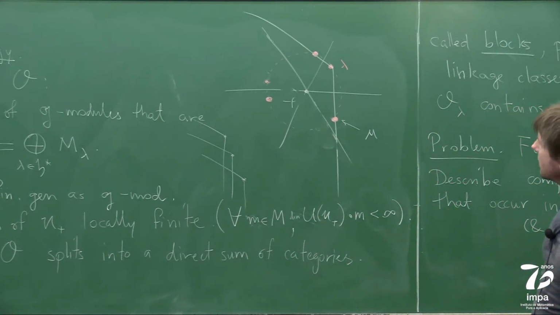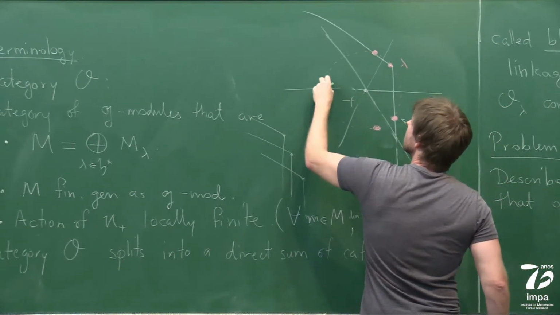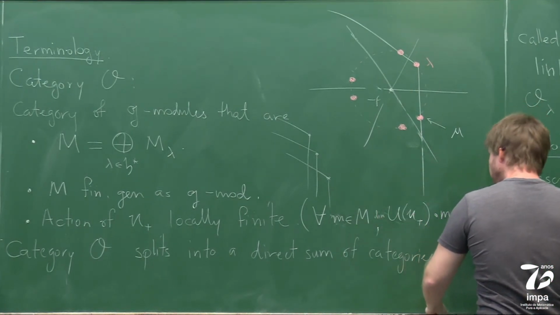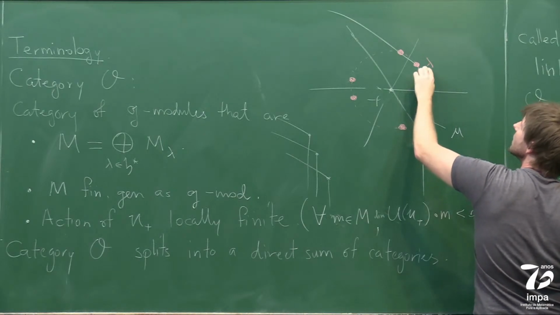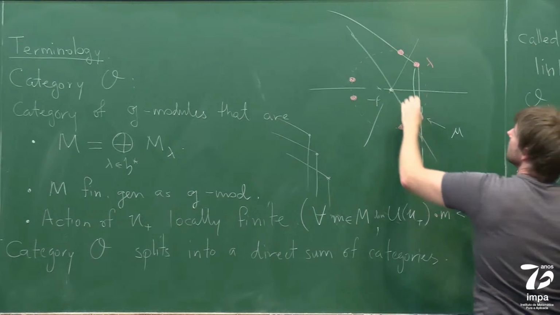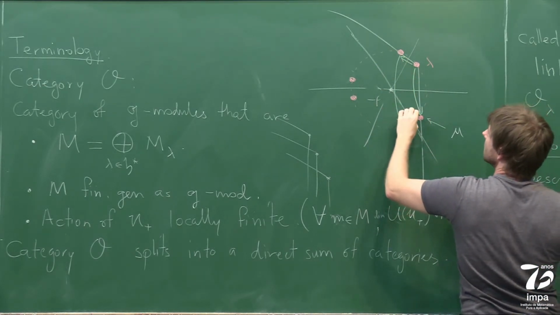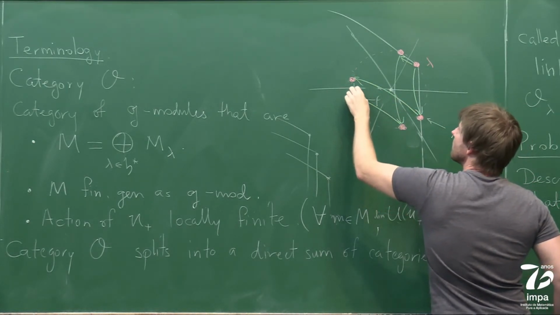So in this case, we had these weights, which are obtained by starting with lambda and then applying reflections, like this.